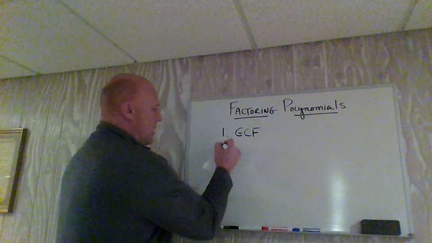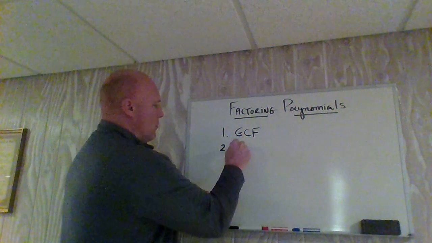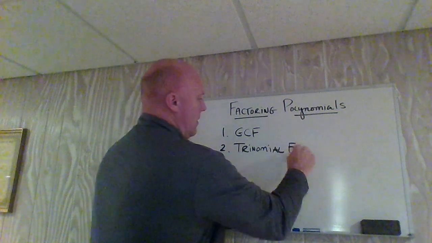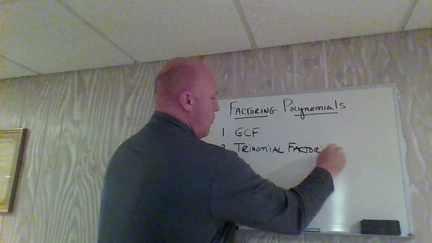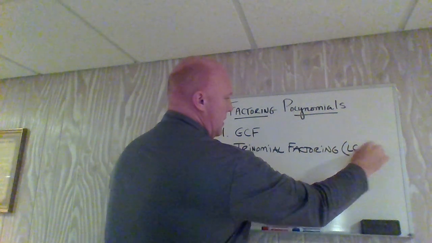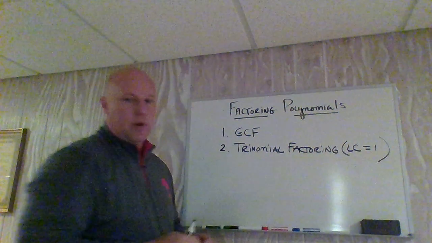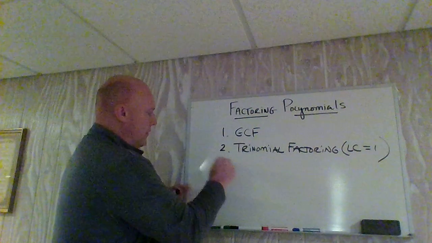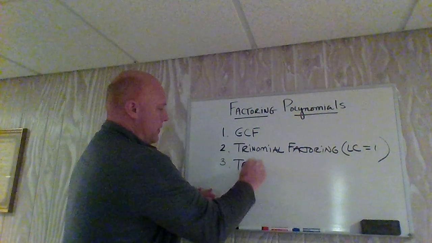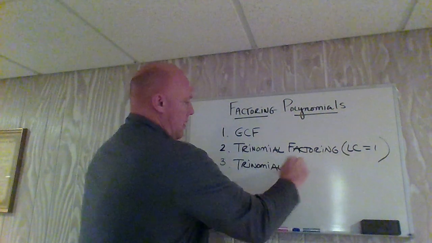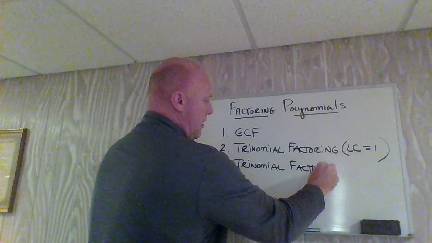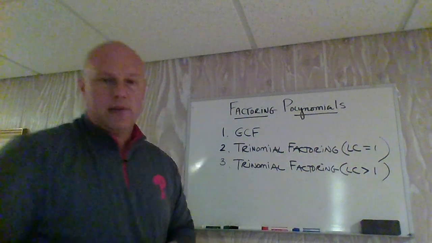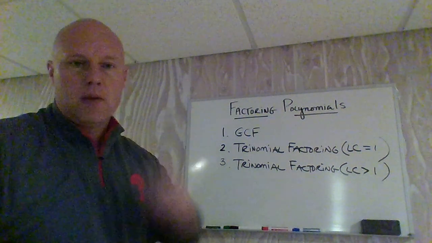The second type, which will be on the next video, will be trinomial factoring, and I'm going to put in parentheses where the leading coefficient equals 1, and we'll get more in depth once we get to that video. The third type of factoring is, again, trinomial factoring, where the leading coefficient is bigger than 1, but that's going to be after you guys get back from Easter break.